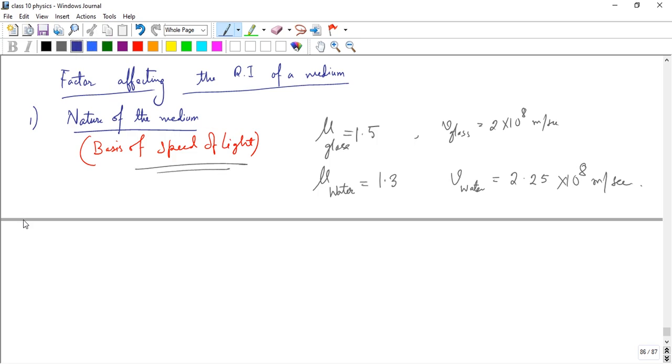The next factor is a physical condition such as temperature. Very important.